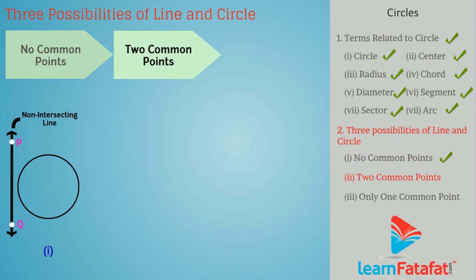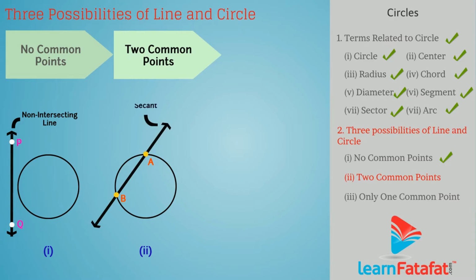Two common points. When a line passes through a circle, then it creates two intersecting points AB with the circle. In this case, line is called as secant of the circle. For example, PQ is secant.